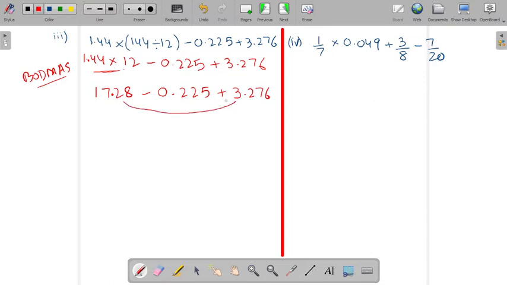Take positive terms together and add them. 17.28 plus 3.276.